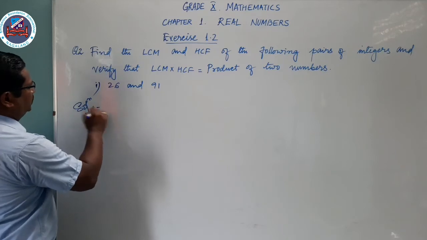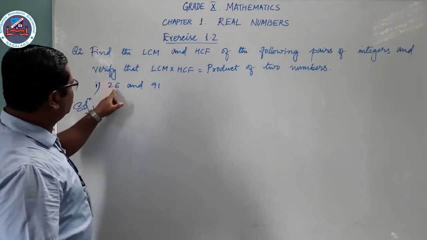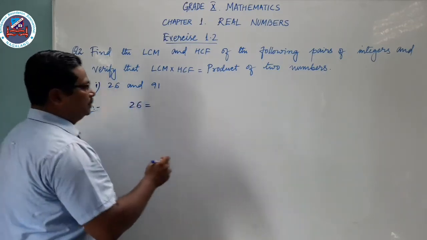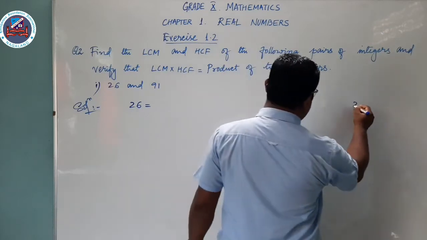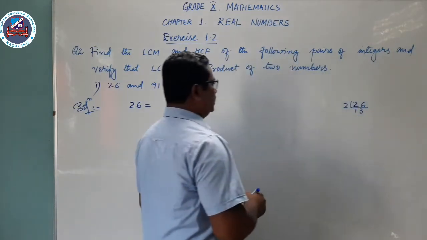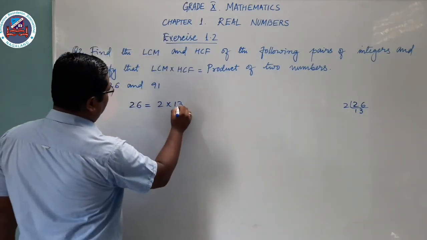First of all, what you will do is find out the product of the prime factors of 26. You write like this: 26 is equal to, 2 ones are 2, 2 threes are 6, 2 into 13.